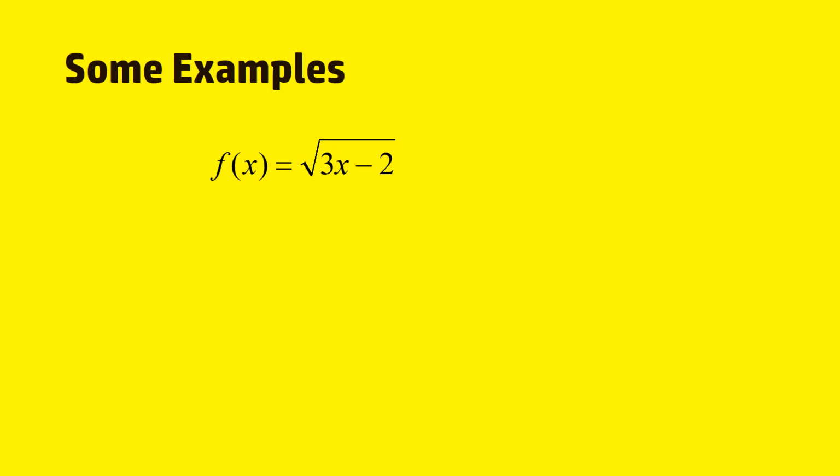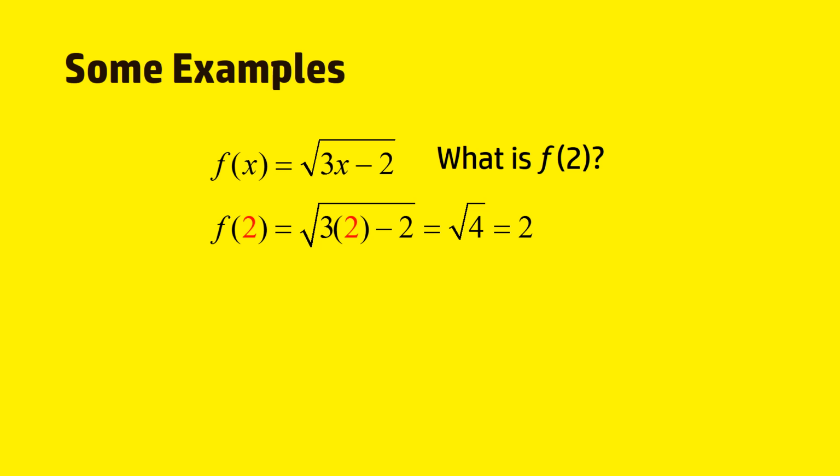So here's an example. Here's a function, f of x. It happens to be a square rooting function: square root of 3x minus 2. Well, what is f of 2? Plug it in. Then we're going to multiply by 3, then subtract 2, according to PEMDAS, then take a square root. So 6 minus 2 is 4, the square root of which is 2.